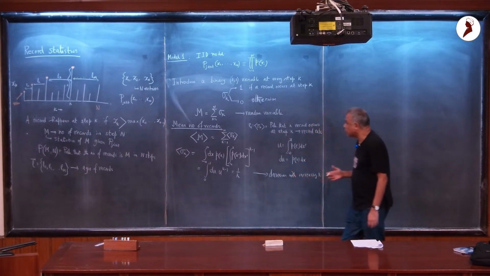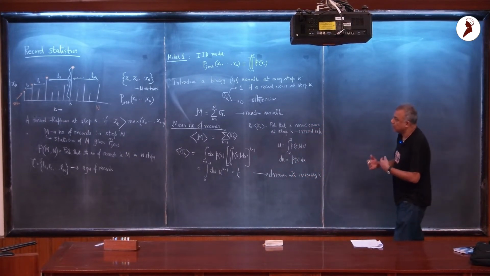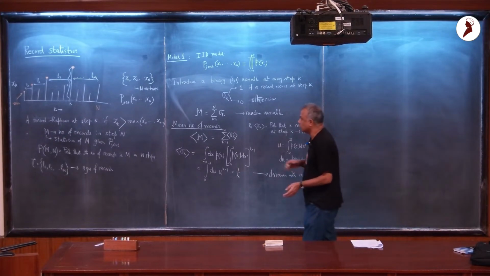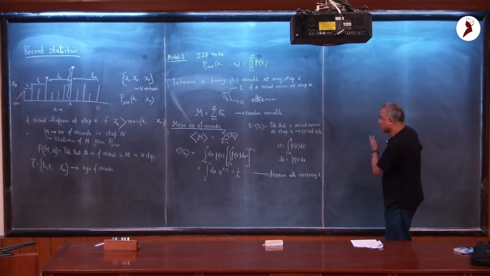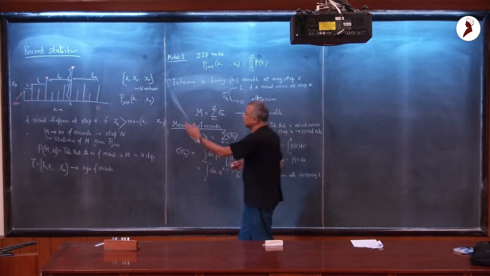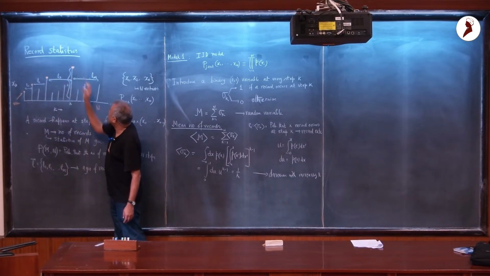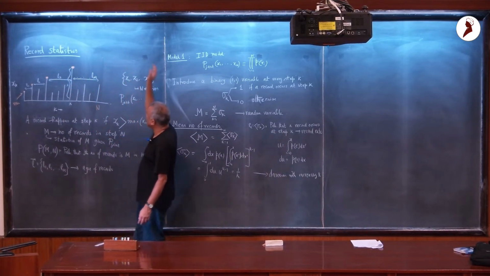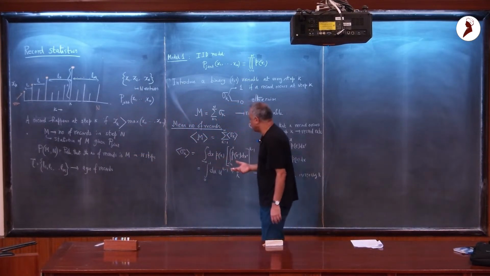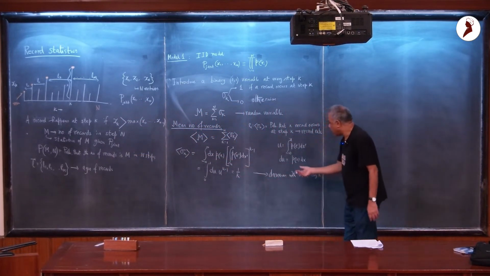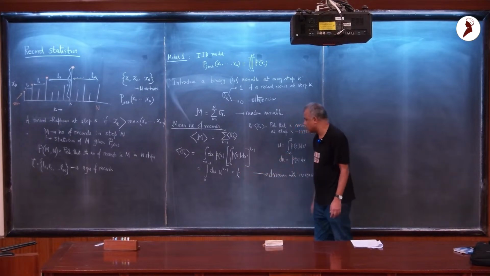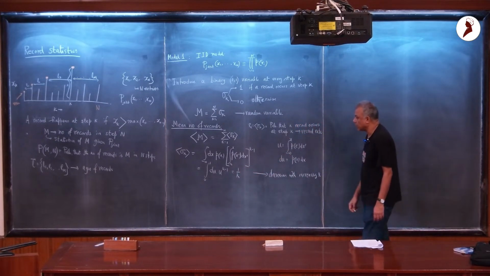But this means that it gets increasingly harder to break records, the more you go in your IID sequence, which is intuitively clear. For the next guy to be a record, it has to exceed the already existing value. So it becomes harder and harder to create a record. And this record rate actually goes like 1 over k.